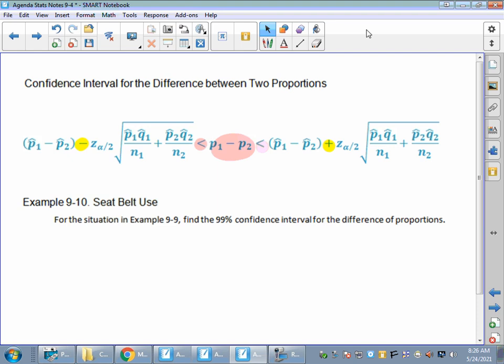Again, the calculator math is the hardest part of this. We'll do some examples together and some work together in class, make sure everybody's got the calculator figured out, and that should be it for section 9.4.